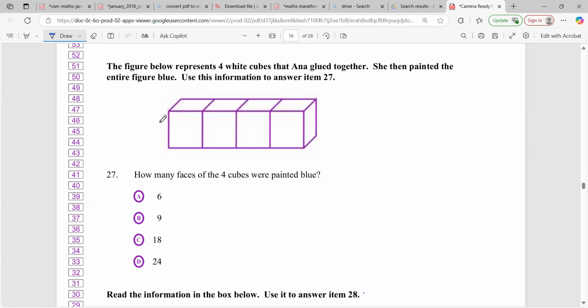Read this for yourself as well, guys, right? How many faces of the cube were painted blue?